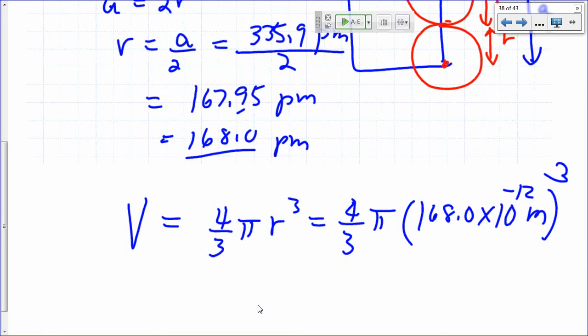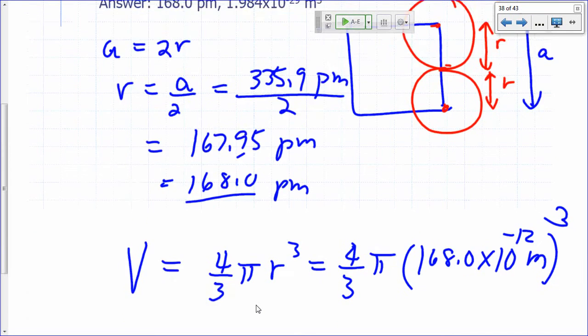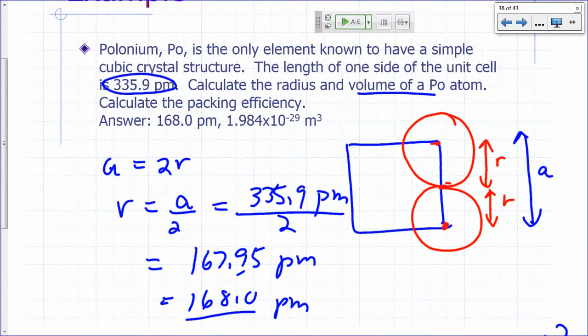What's the packing efficiency? Actually, we don't have to calculate packing efficiency. We should already know what it is, right? It's 52.4%. And if you did calculate your volume, you'll find it's 1.984 times 10 to the negative 29 cubic meters.